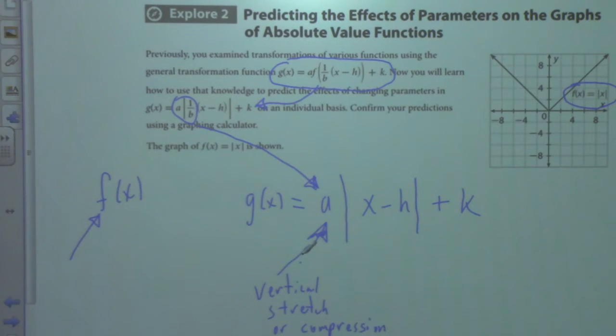Okay, and then who else said, oh, it was Jose who also said, if you have a negative sign, it reflects about the x-axis, right? And then h does what? Okay, Lexi says h shifts left to right.